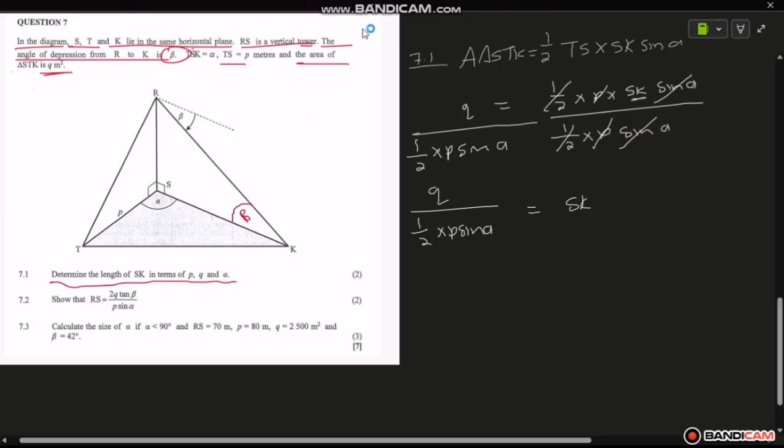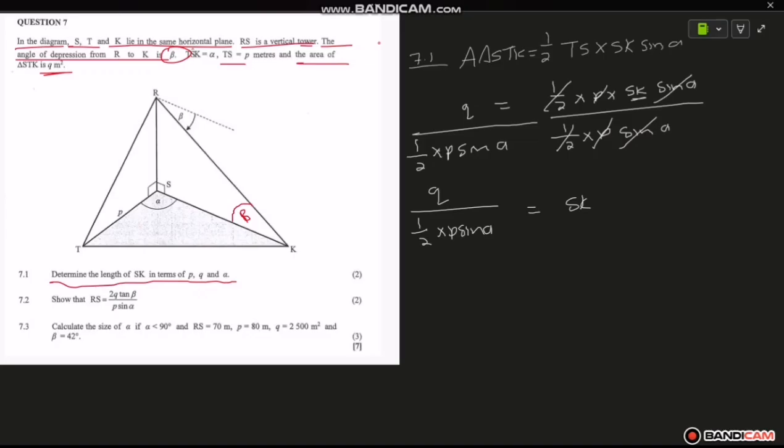That's A, not alpha. Therefore, we can actually simplify it further. We can simplify the denominators. Q over 1, then we multiply by the reciprocal of P sine A over 2, equals SK.